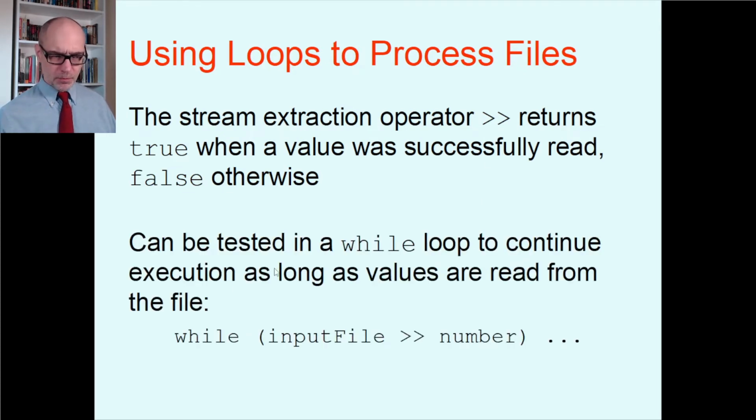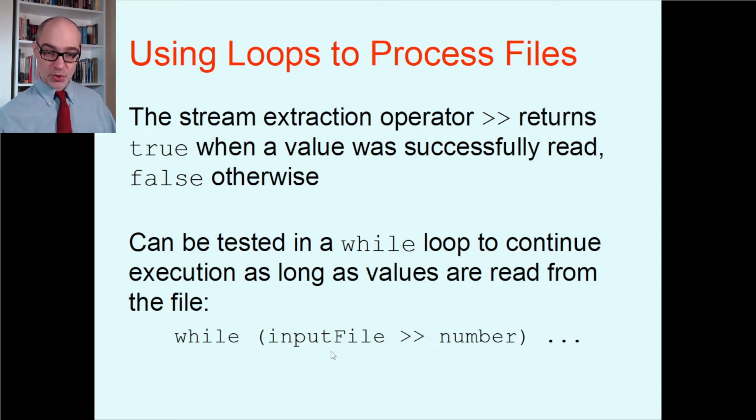So what we're usually going to do is use that in the context of a while loop. You can test that inside a while loop to continue execution as long as values are read from the file. So here's a while controller here, and you can see here is our input statement trying to read one number out of your input file. So you get in here, it tries to read the next number and put it in this variable.